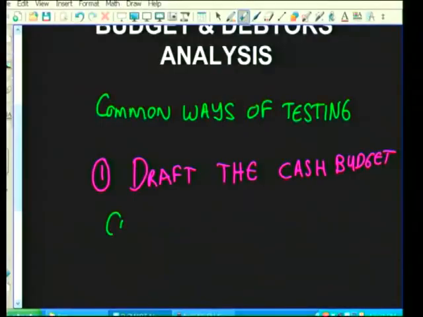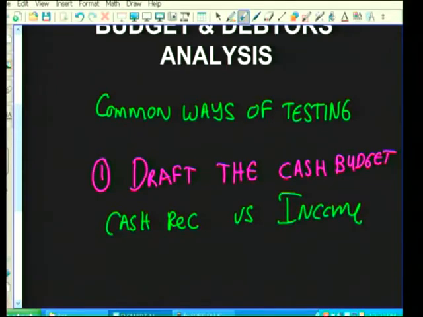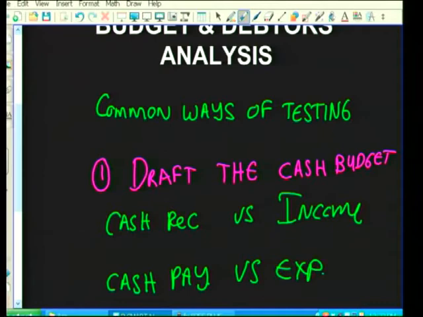Now remember people, when you are asked to draft or to complete the cash budget, you need to make sure that you can distinguish between your cash receipts versus income, as well as cash payments versus expenses.